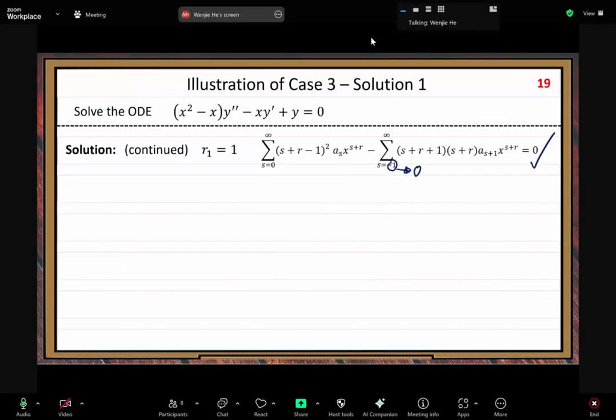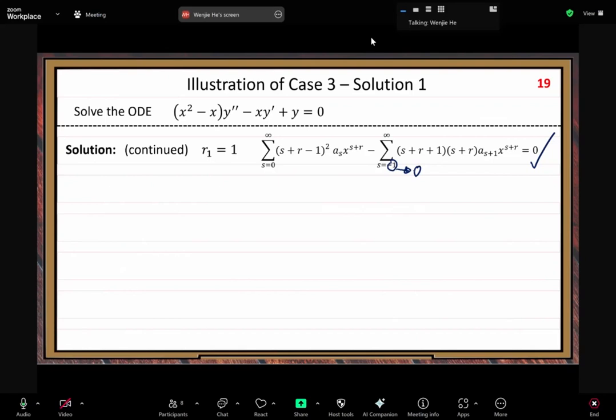Initial equation equal to 0, right? That term must be 0. So if it's 0, and next, if you add the next term, it would still be 0, because this 0 term has no contribution. We can take it away.